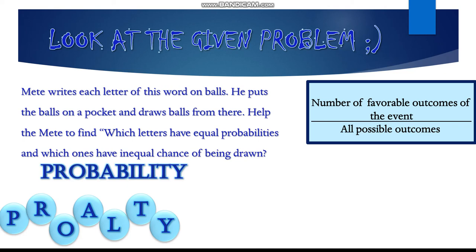So if we look at this word, we can say that they are the letter I and the letter B. So let's think about their probabilities.